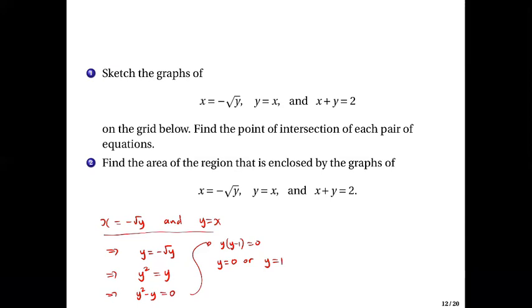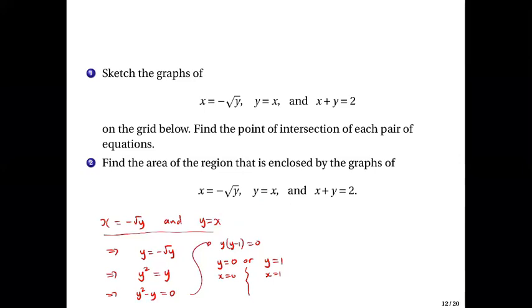And then we again find the values of x. For y equals 0, you'll just have x equals 0 because you have y equals x, or x equals negative square root of y. In here, however, you will have what? According to this equation here, it would give us x equals 1.